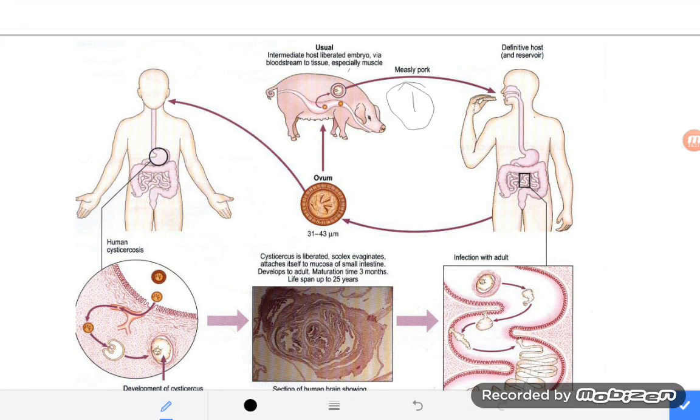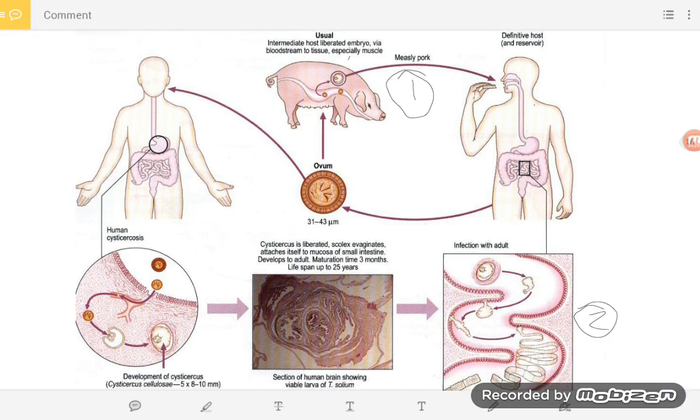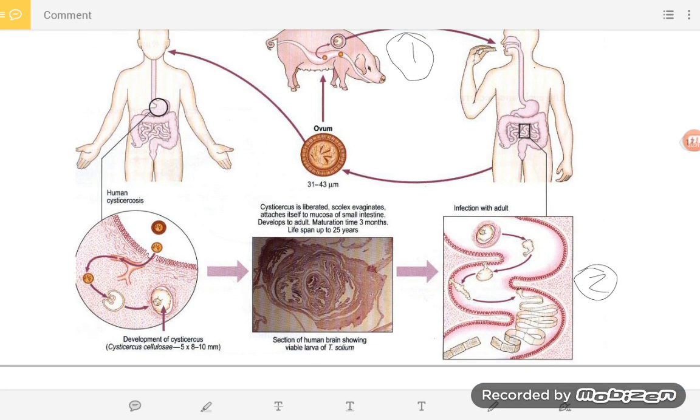When they take the pork, if larva is present, this larva comes and attaches to the small intestine, and after attachment it starts to segmentize, so it will grow. That means it will grow.